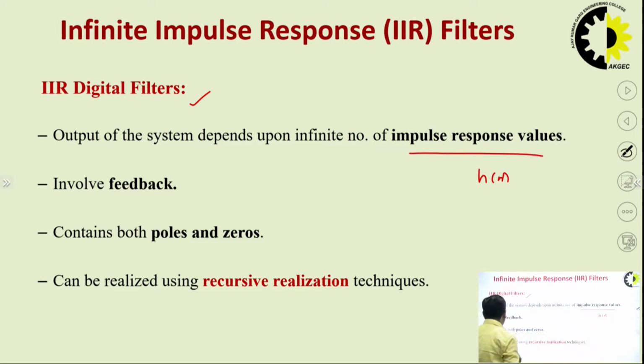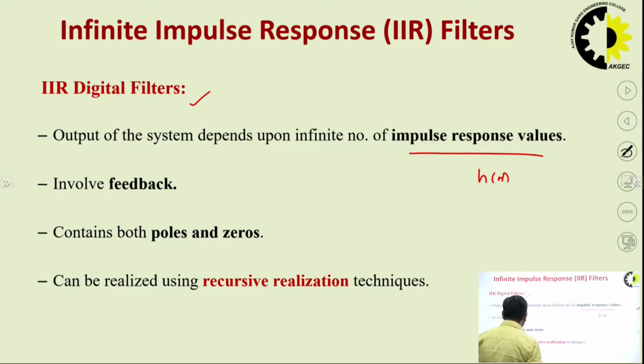Next, it involves feedback. Feedback means the output again goes to the input. So, in IIR, feedback will be there. Now, it contains both poles and zeros. It means if you write the transfer function or system function of the IIR filter, it contains a numerator and denominator containing the zeros and poles.